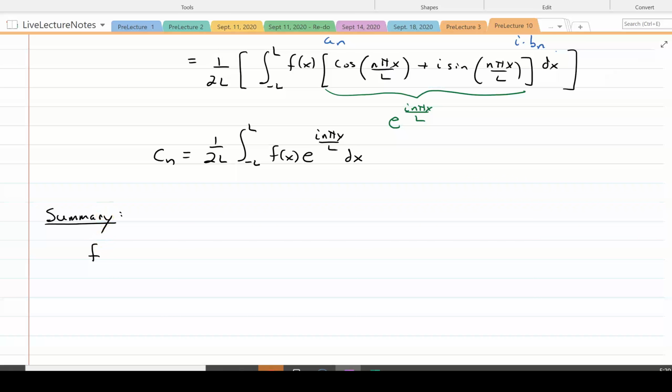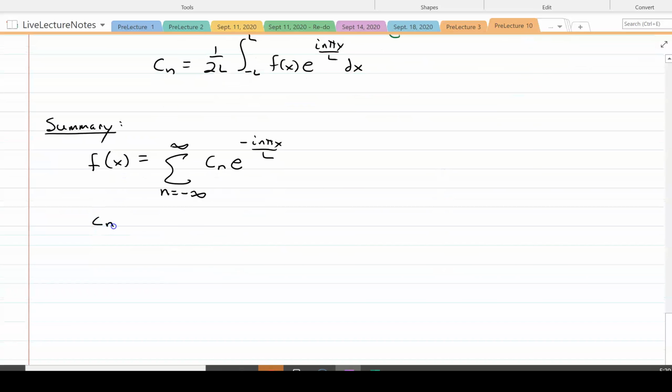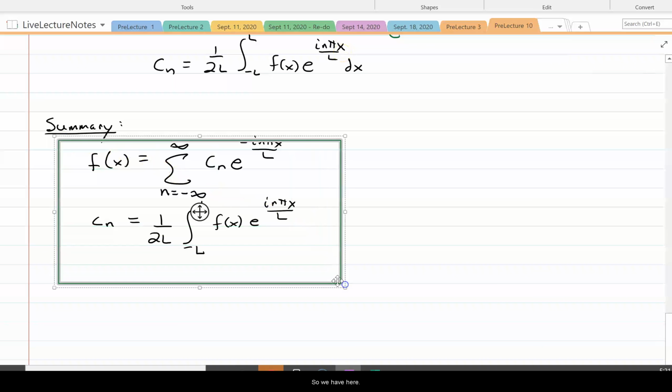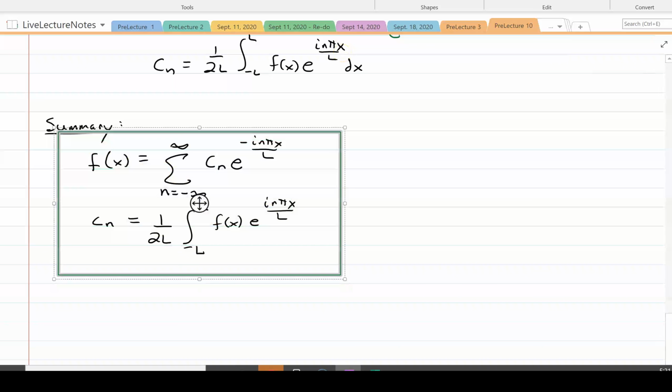F of x is equal to sum over all integers, both negative and positive, minus infinity to infinity, Cn e to the minus I n pi x over L. And those Fourier coefficients are found from this integral, 1 over 2L, integral from minus L to L, f of x, e to the I n pi x over L. So we have here a complex Fourier series.